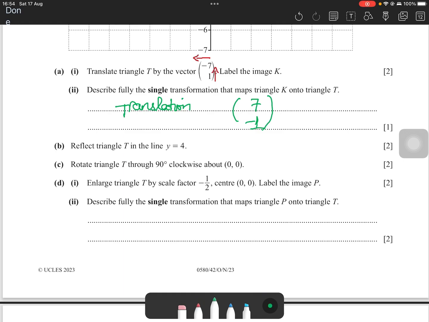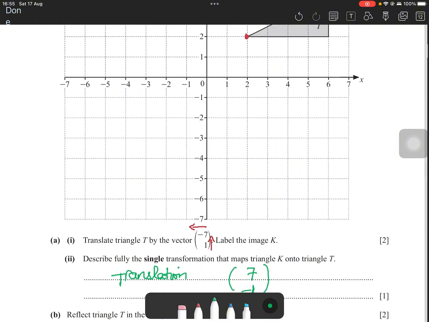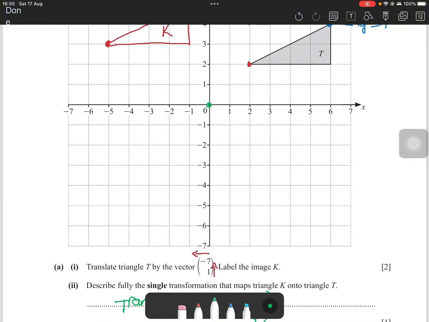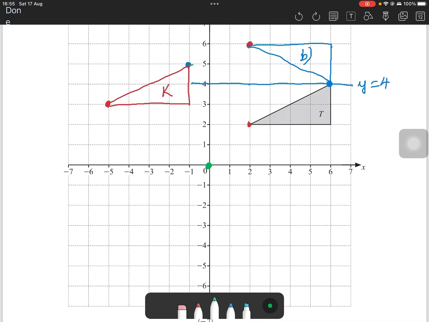So let's plot the point (0, 0), and we rotate the triangle T 90 degrees clockwise. First, I'll join the center with this red point together, and then I will rotate it 90 degrees clockwise. So the image of the red point is here.